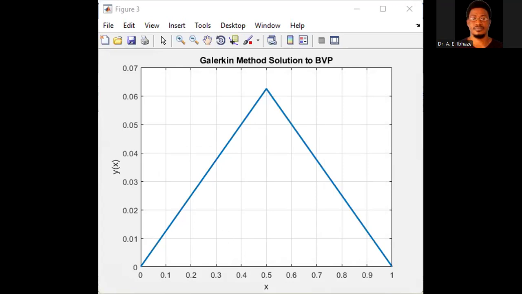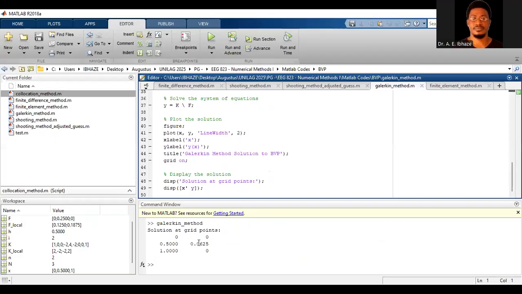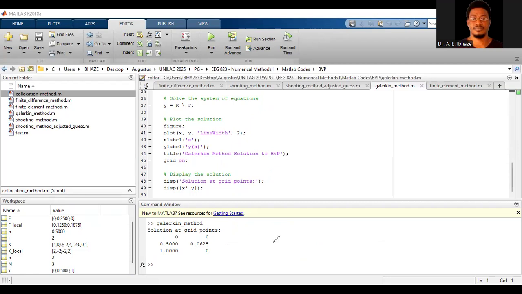What if we increase n to 10? Are we going to get a cleaner approximation? So let's go back. Now you will also observe that with the Galerkin's method at time step 0.5, we got the exact same solution as we got with the exact solution.